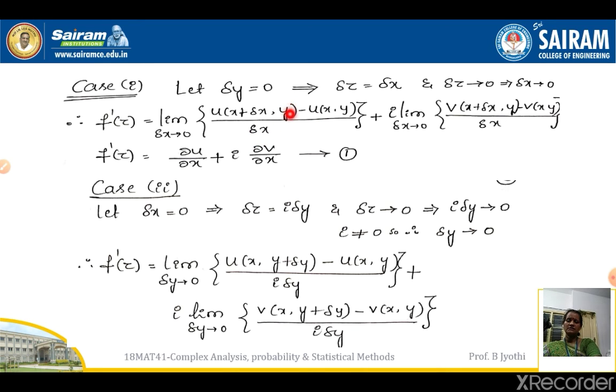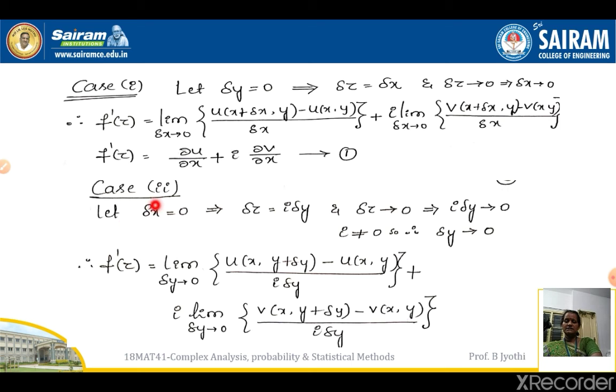Similarly, i into the limit as delta x tends to 0 of [v(x + delta x, y) minus v(x,y)] divided by delta x. By the definition, we can write this as dou u by dou x plus i dou v by dou x. Let's call this equation number 1. This is a very important result which we will be using in the problems. We need to remember this.